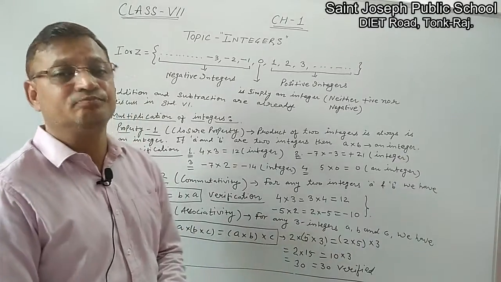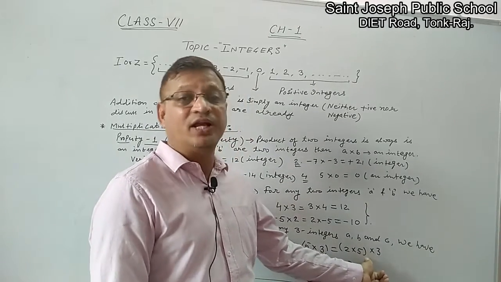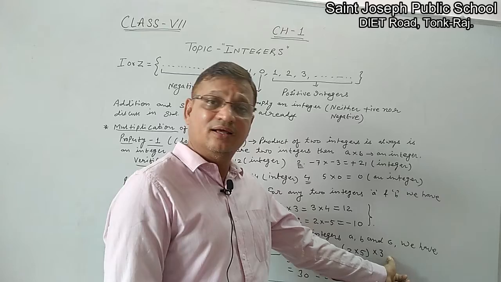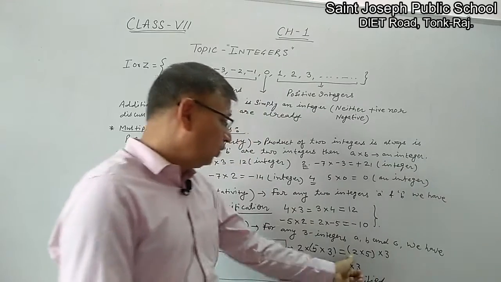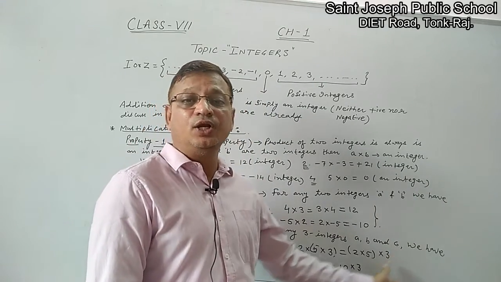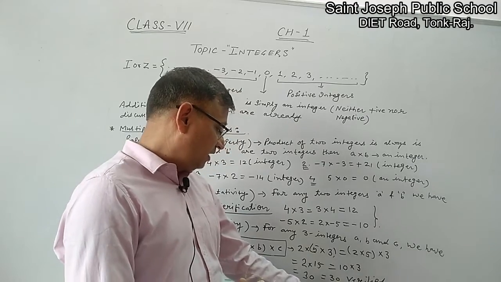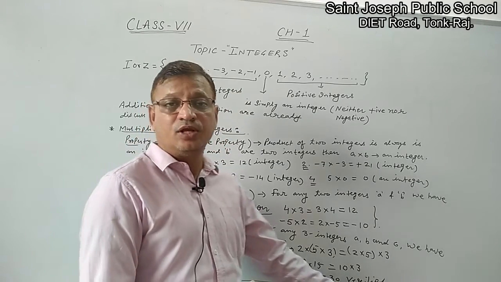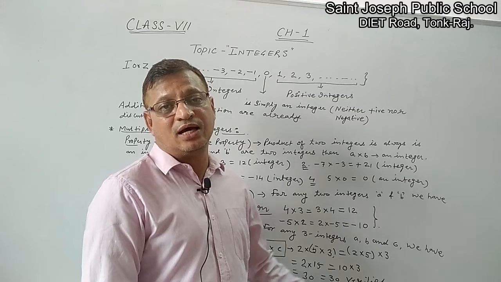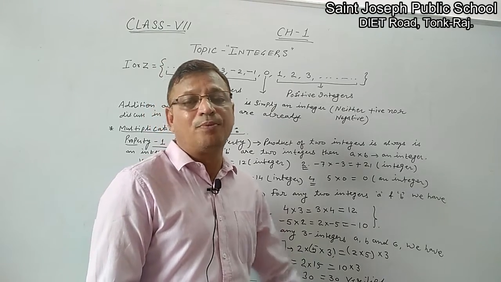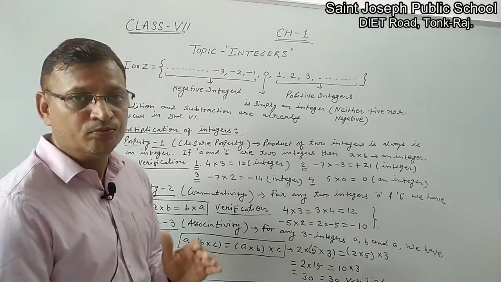But the second time we take 2 and 5 first, and 3 is the third integer. So 2 into 5 is 10 and 10 into 3 is equal to 30. 30 and 30 are both equal. So the products do not change. This property is known as the associative property.